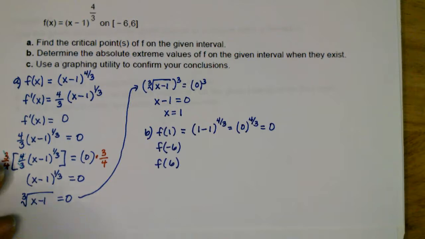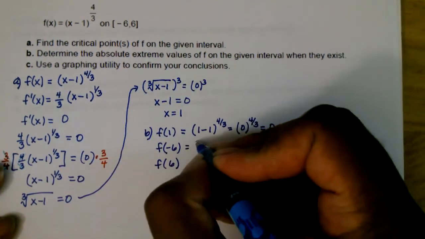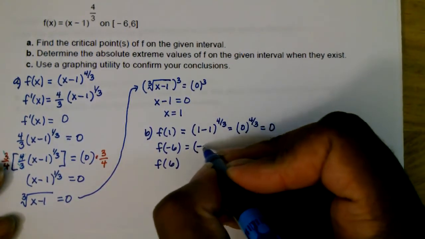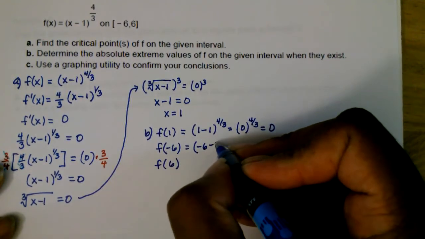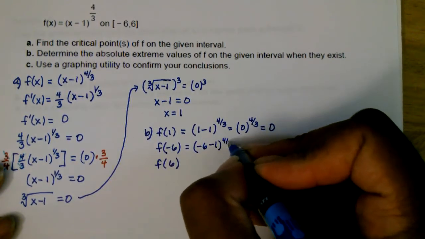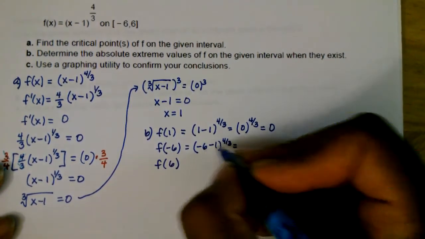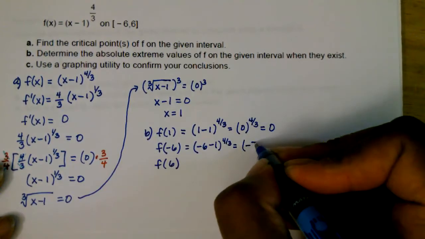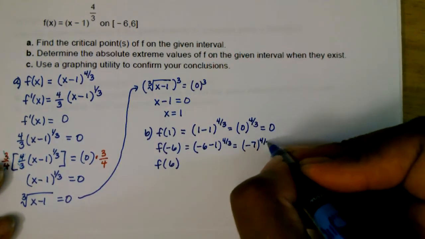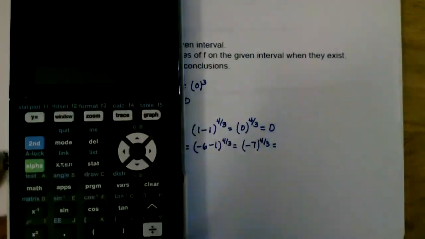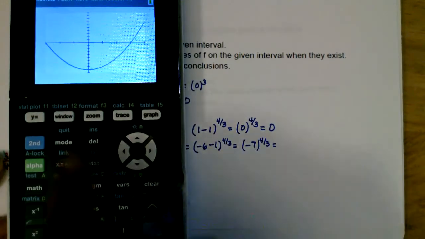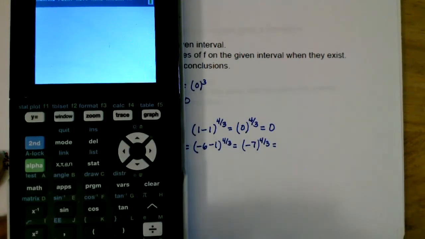Now for x equal -6, here's what we'll have. X is -6 minus 1 raised to the 4/3. -6 minus 1 would be -7 to the 4/3. And here I'm going to use my graphing calculator to simplify -7 to the 4/3.